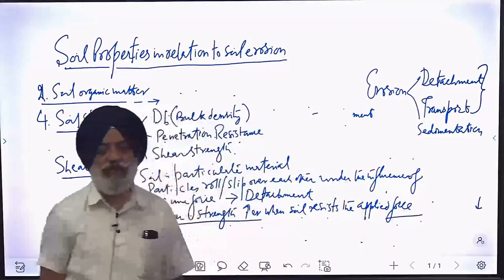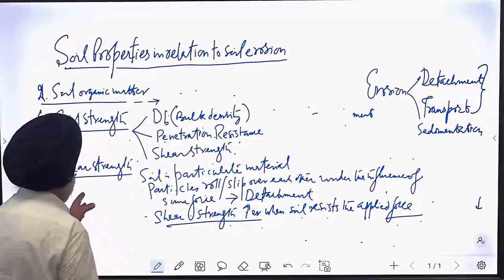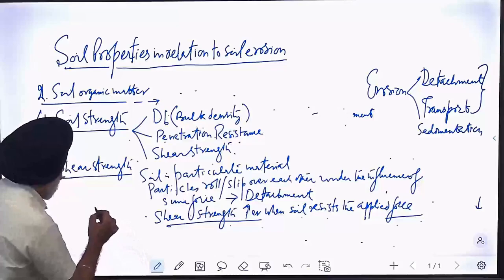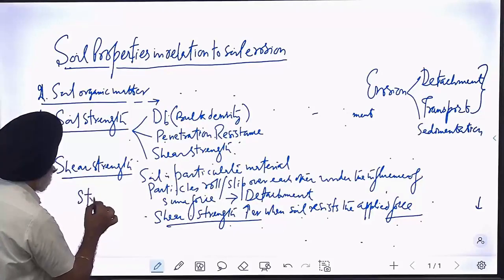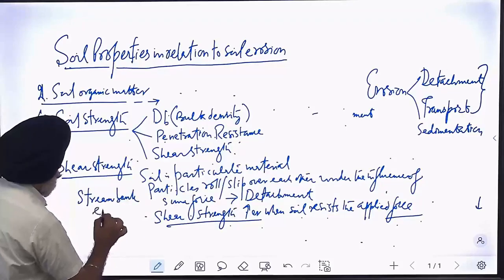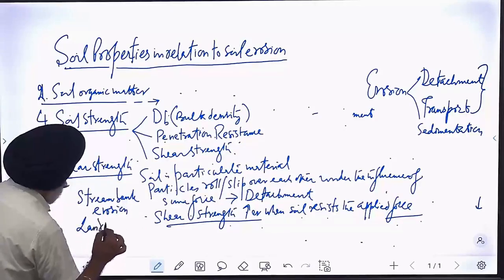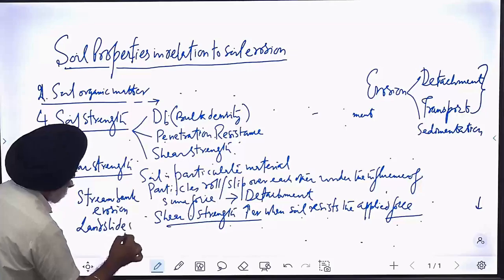Soil having higher shear strength will be less erodible, and generally this type of phenomenon happens in stream bank erosion, or even during landslides, because landslide is also a form of erosion.